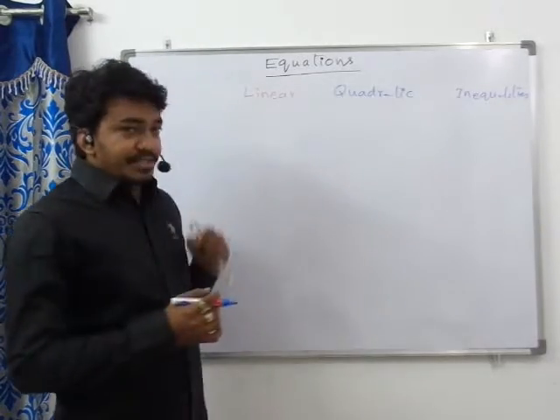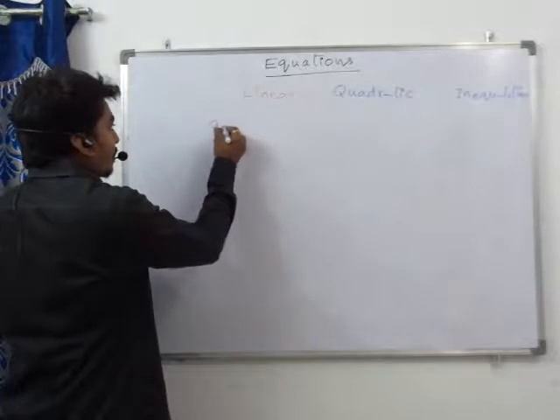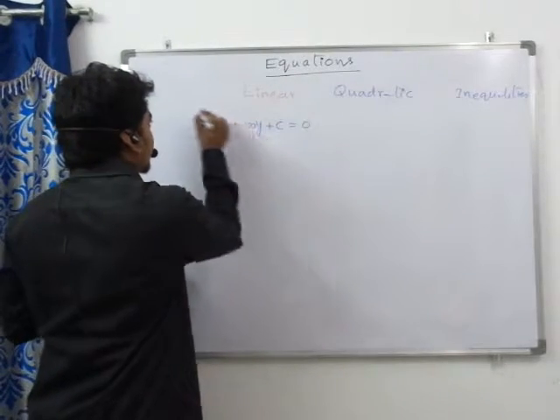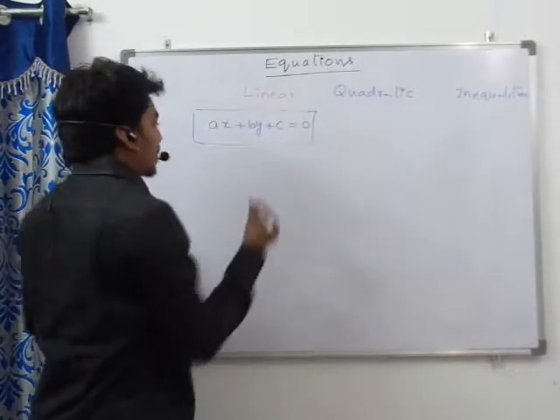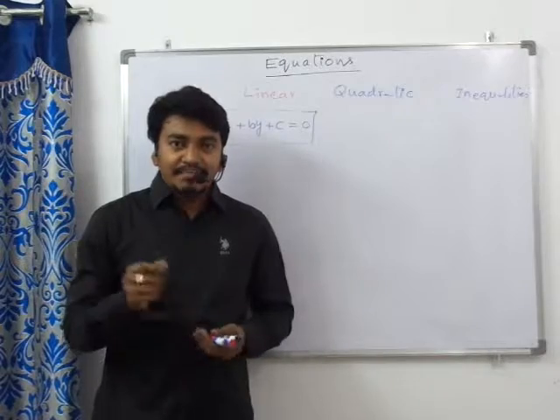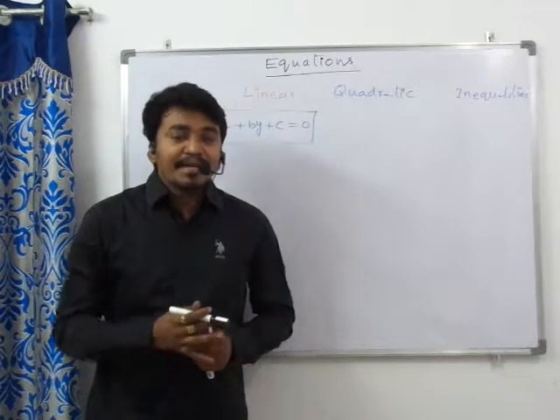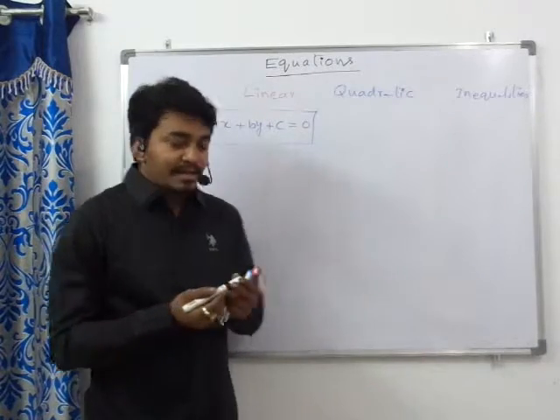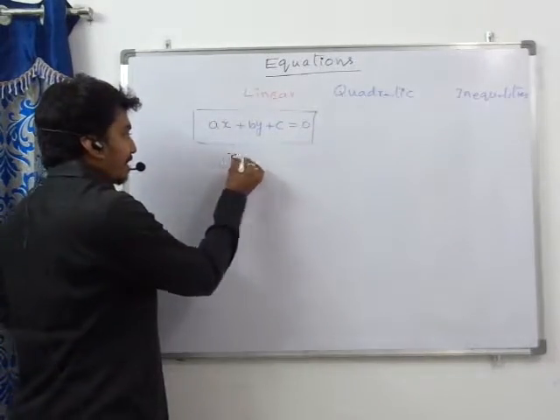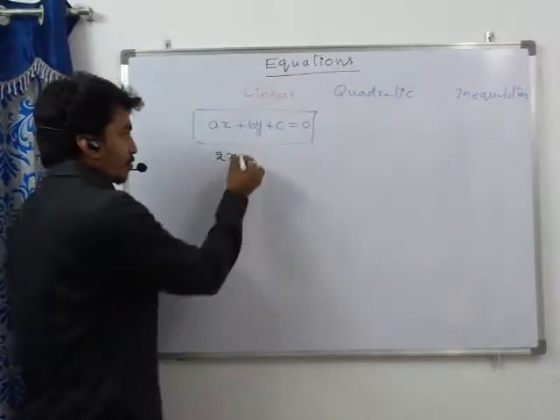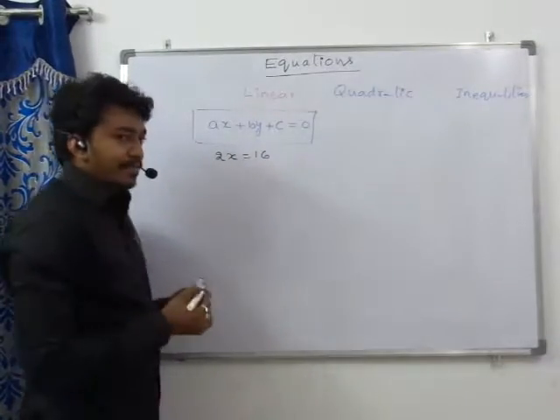Any equation in the form of ax plus by plus c equal to 0 is said to be the standard form of a linear equation. For example, if I say a statement, a number is multiplied by 2 to get the number 16, that means a number x is multiplied with 2 to get 16.